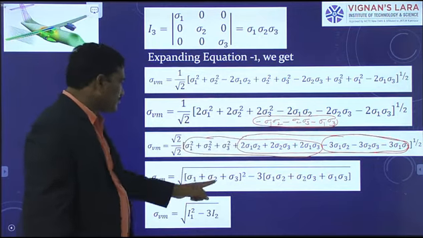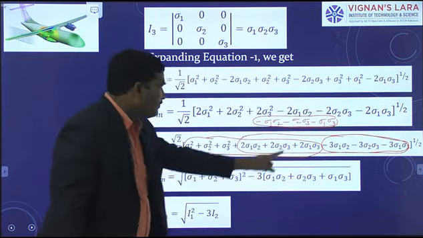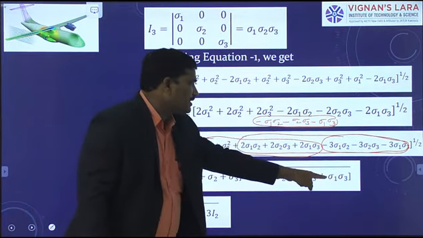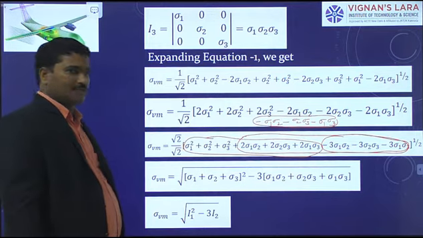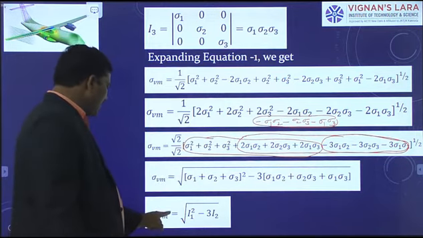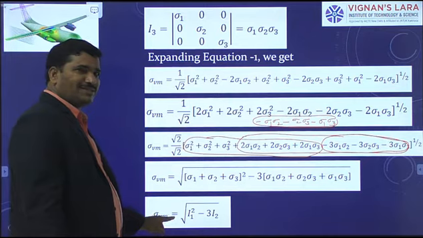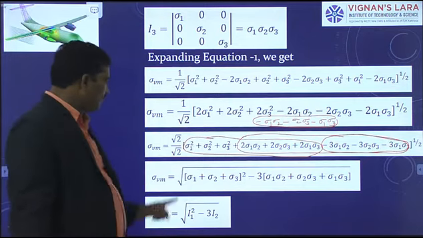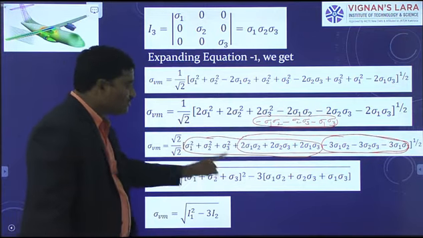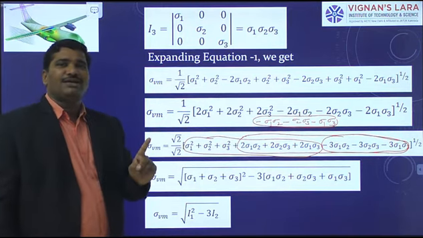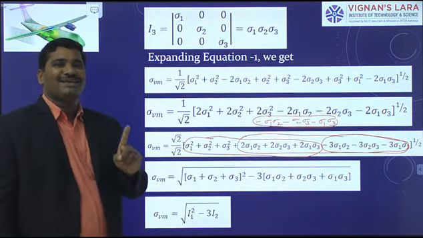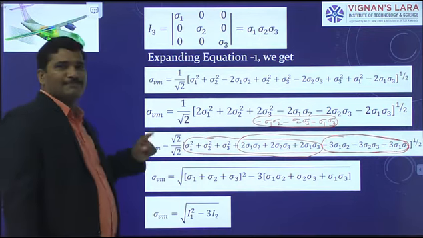When minus 3 comes out, minus 3 into sigma 1 sigma 2 plus sigma 2 sigma 3 plus sigma 1 sigma 3. This we rewrite as: sigma Vm equals square root of, what is sigma 1 plus sigma 2 plus sigma 3? It is the first stress invariant I1, squared.